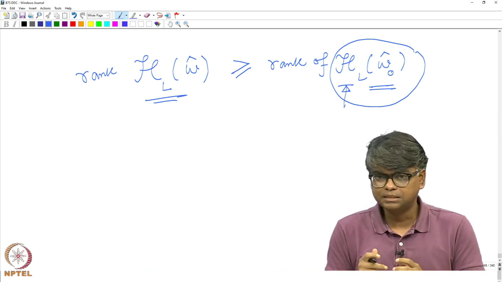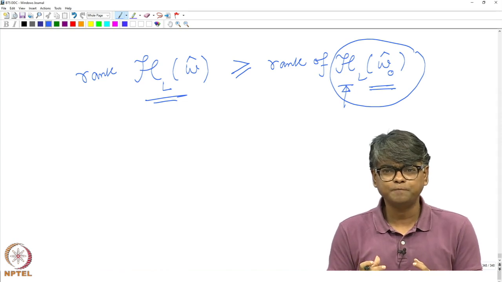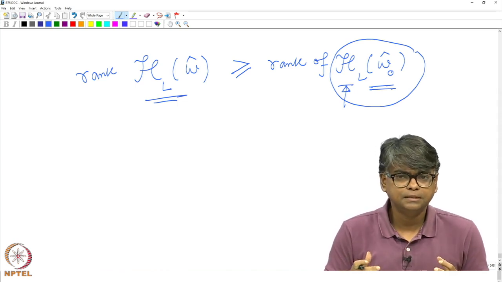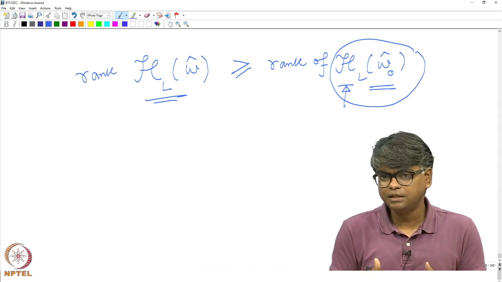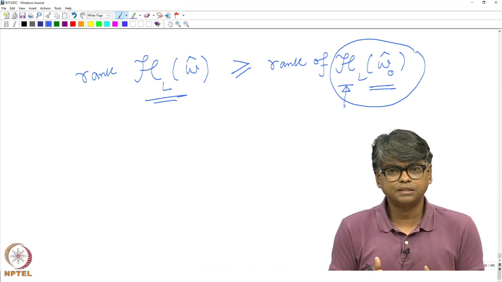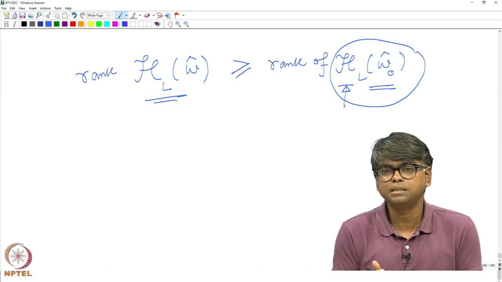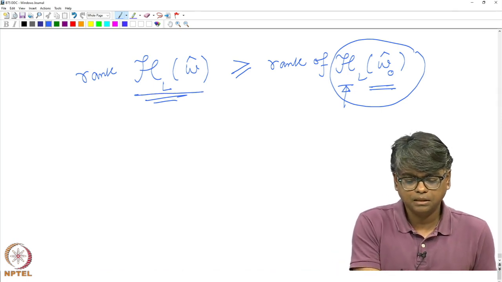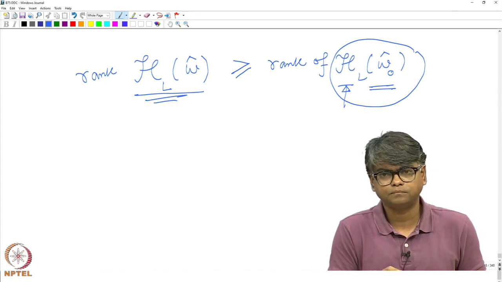So these signals satisfy some equations, so they have some order in them, whereas the noise is expected to be random, and therefore it does not satisfy any equations per se. That is why it is expected that those will almost be like inputs, and they will keep increasing the rank of the Hankel matrix H_L.